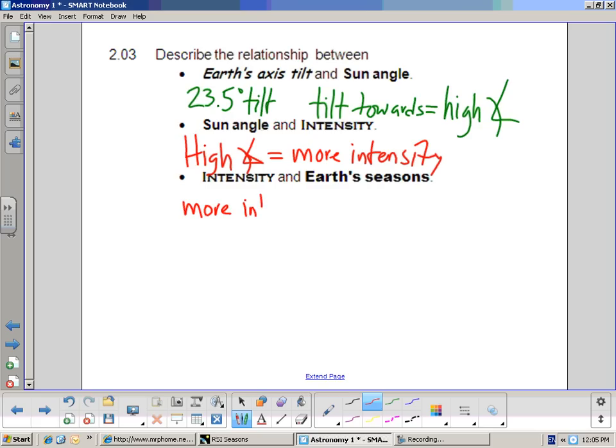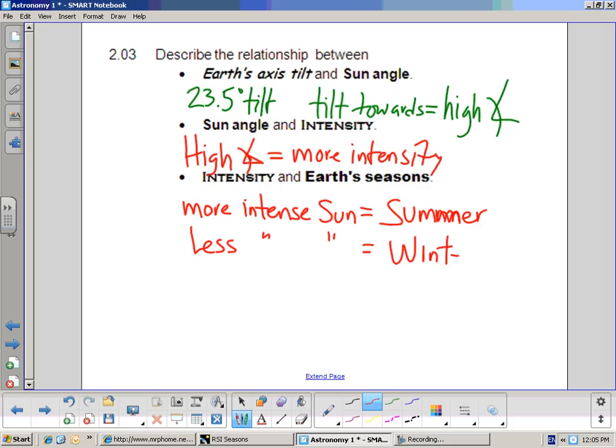So more intense sun equals summer. Very simply put. Whoops. And that's summer. Sorry for the spelling error there. That's summer. And of course, less intense sun equals winter.